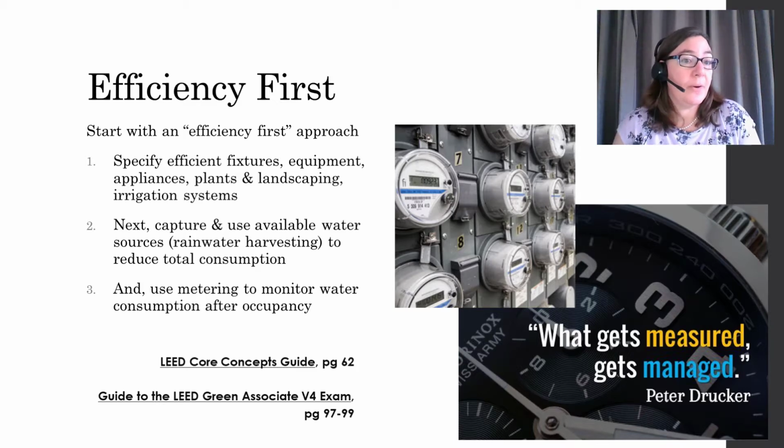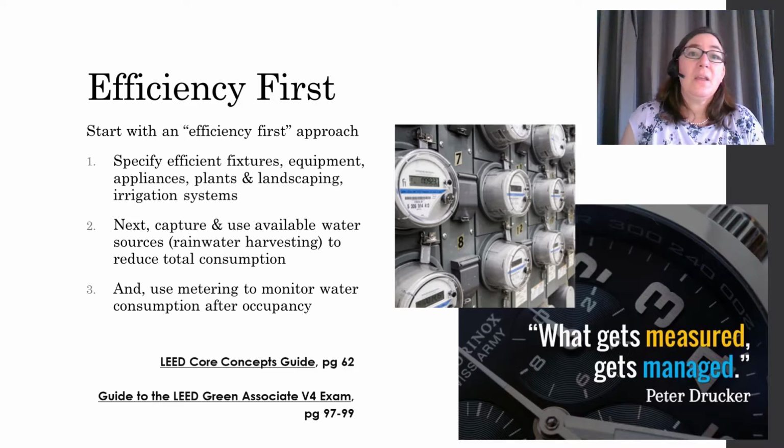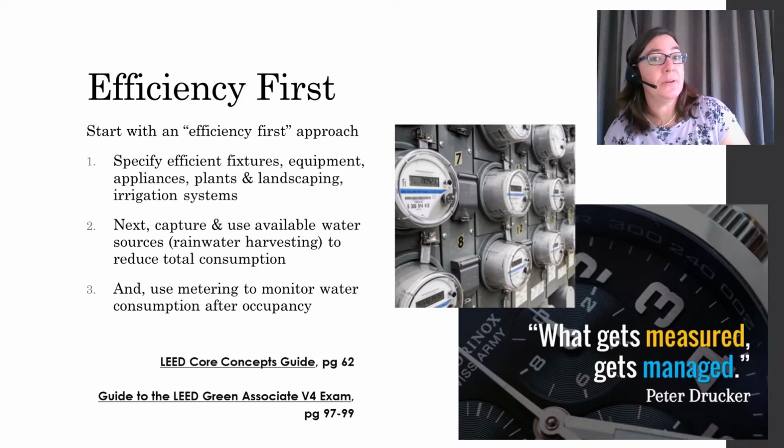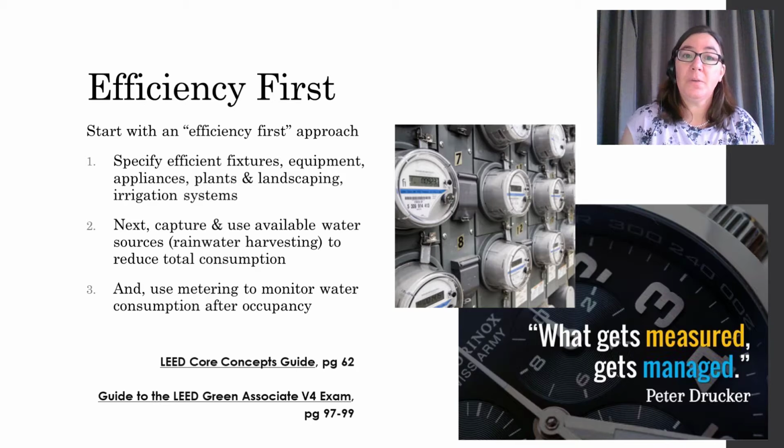Next in our priorities is to capture and use any available water sources, usually rainwater, again with the same goal of reducing total consumption. Finally, we want to incorporate metering into our projects in order to monitor the water consumption and use after occupancy.